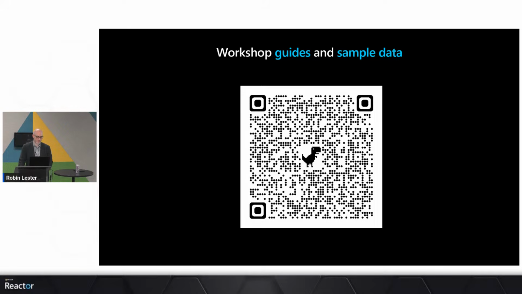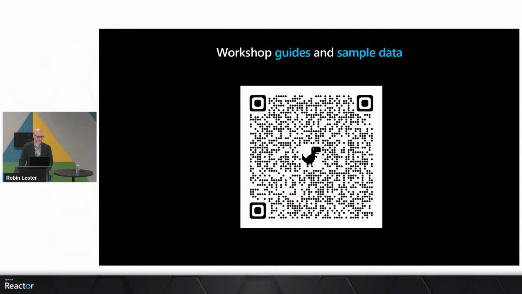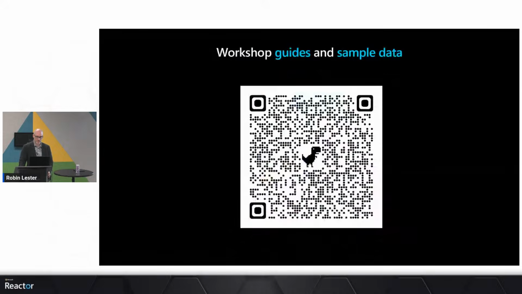I'll give you the AKA. So I created an AKA for it earlier, which I'll tell you in a second. So AI Workshop Reactor is the AKA. aka.ms/AI Workshop Reactor. While that's up, I'll edit the slide, see if this works.